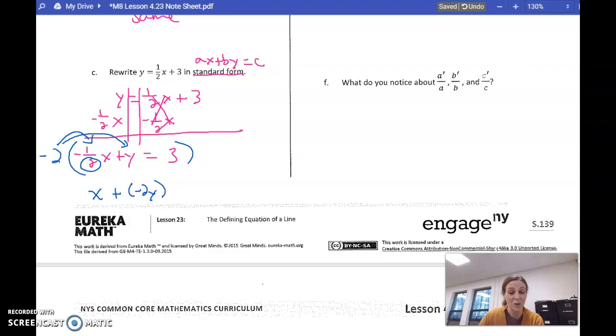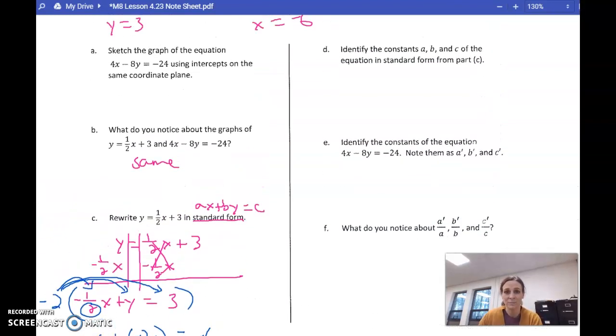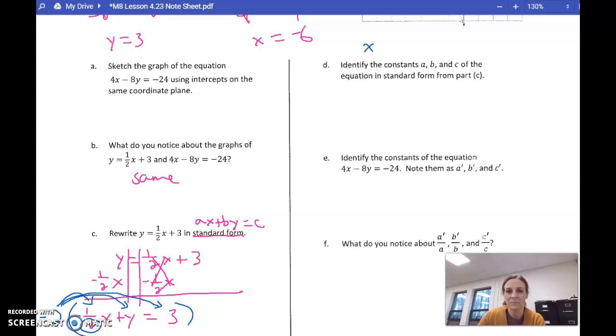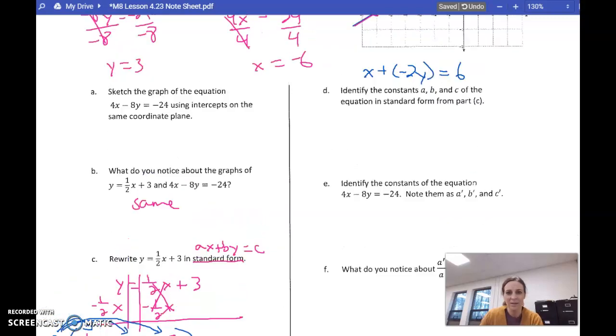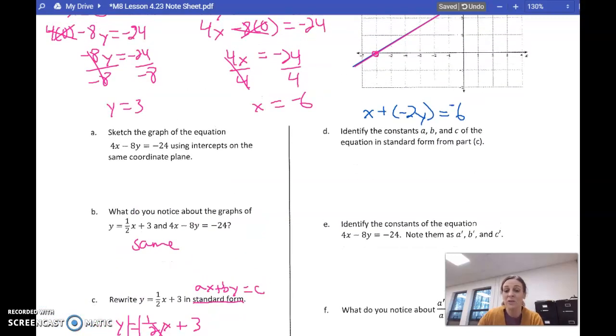That can be negative, only the a can't be. And negative 2 times 3 is a negative 6. Standard form. I think I remembered that correctly. Negative 6, okay. So identify the constants: a is 1, b is negative 2, and c is negative 6.